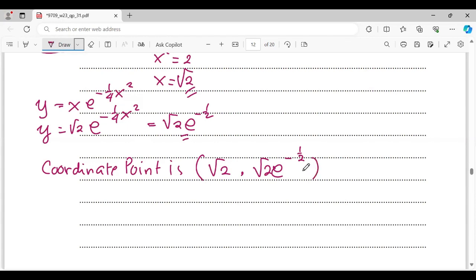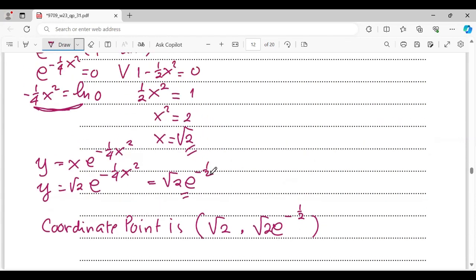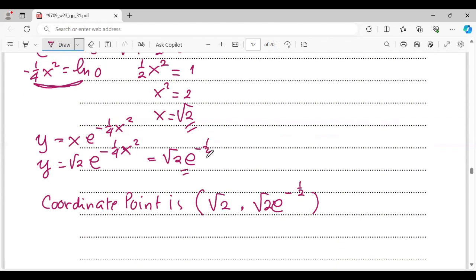Okay. So this becomes minus half because x squared is 2, so 2 times minus a quarter equals minus half.